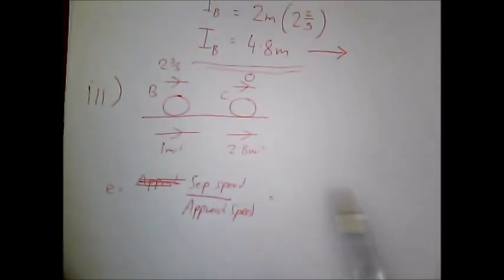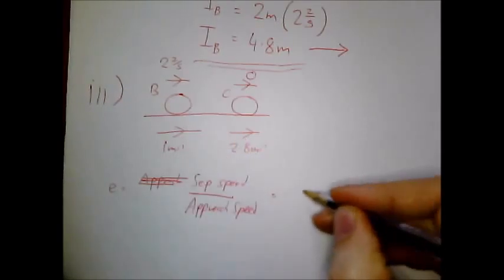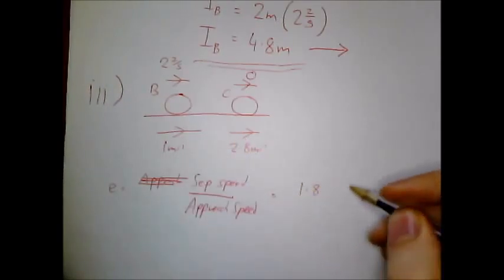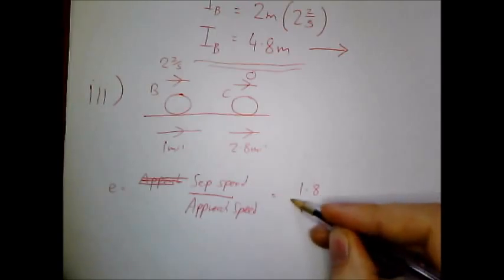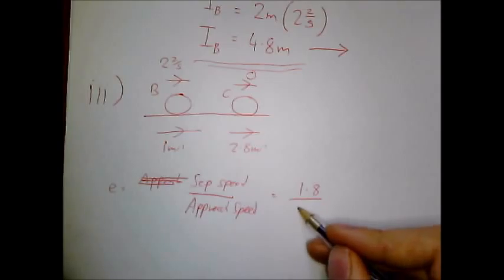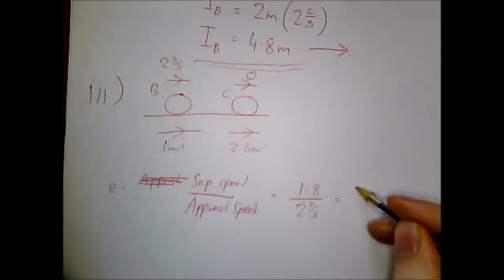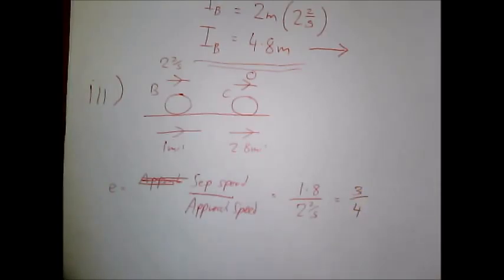It's separating at 2.8 minus 1, so 1.8 meters per second at the top, and it approaches at 2 2/5 minus 0, so 2 2/5. Nice and simple, you should find that to be 3/4. And that is question 5.